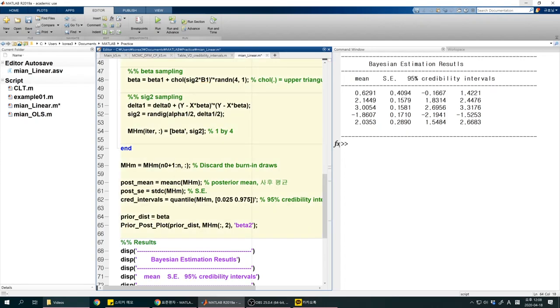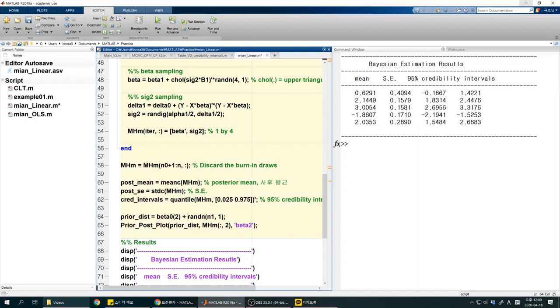Its mean is the second value of beta 0 plus randn, and how many samples? n1, 1, because we have n1 posterior samples, right? So here we are generating n1 prior samples from beta 2's prior distribution, and its variance is 9.